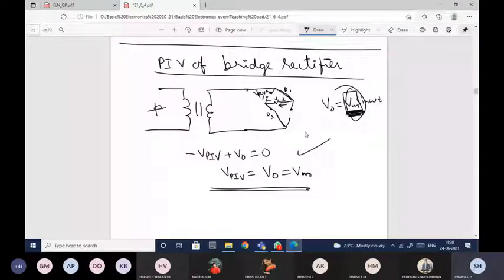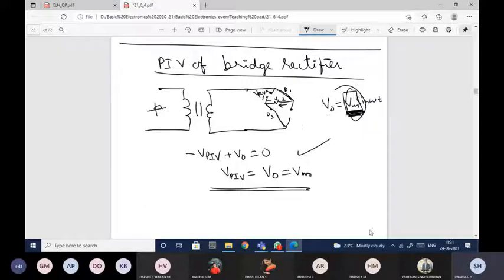So that's all with respect to the half wave rectifier, full wave rectifier, and full wave bridge rectifier. Whatever questions they ask you related to the bridge rectifier, the same derivations we did for center tap, you can use the same derivations.